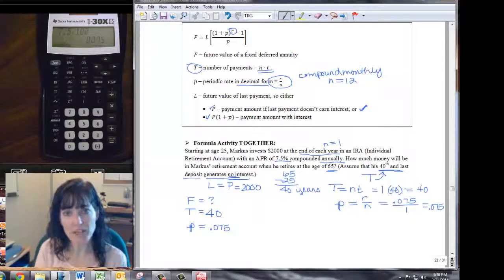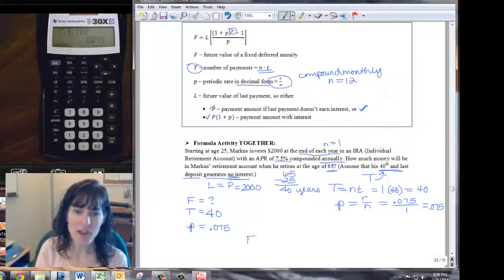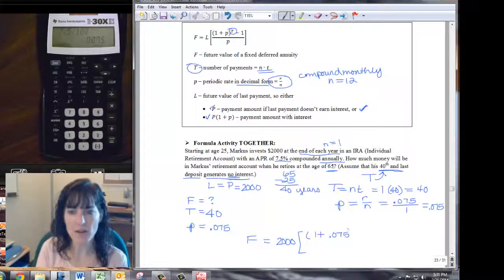So I think I'm ready to fill in my formula. I have F equals, that's the part I don't know, my big P is 2,000 times this big square bracket, and then I have 1 plus my little p, 0.075, raised to the capital T, and that was 40, then minus 1, and then divide by my little p, one more time for the little p, 0.075.